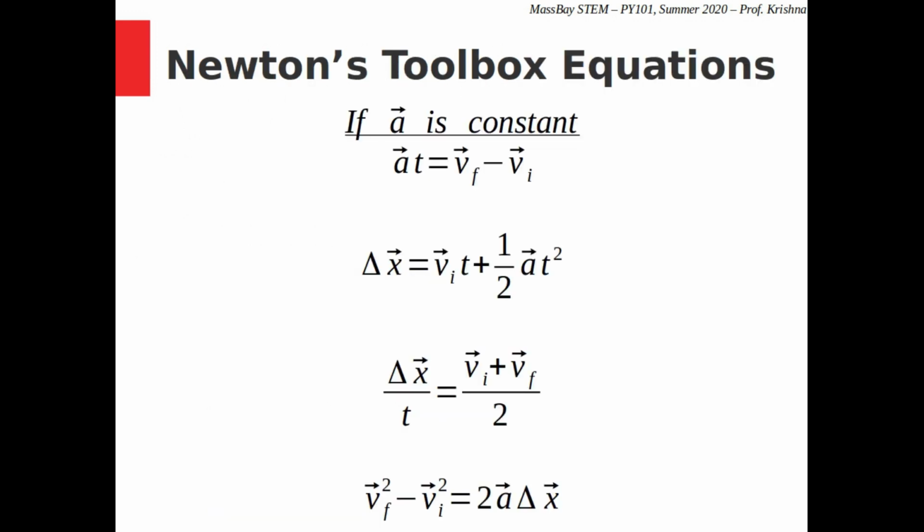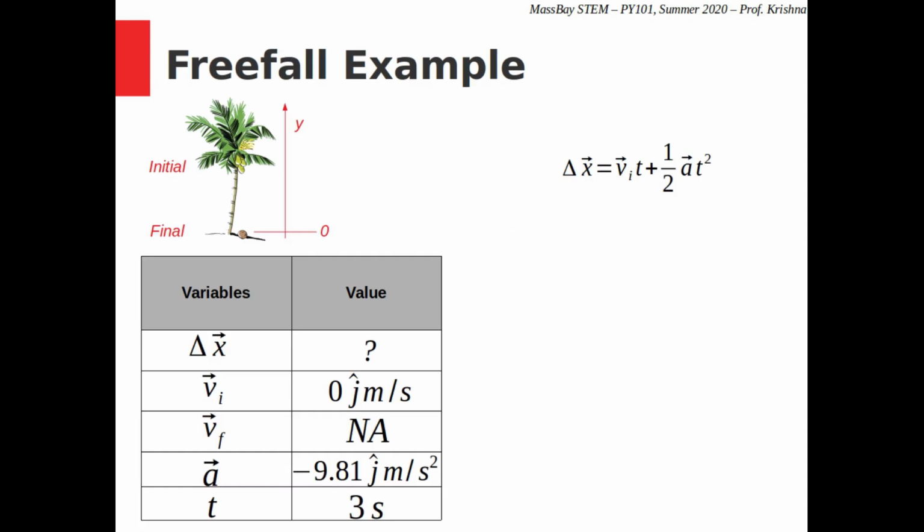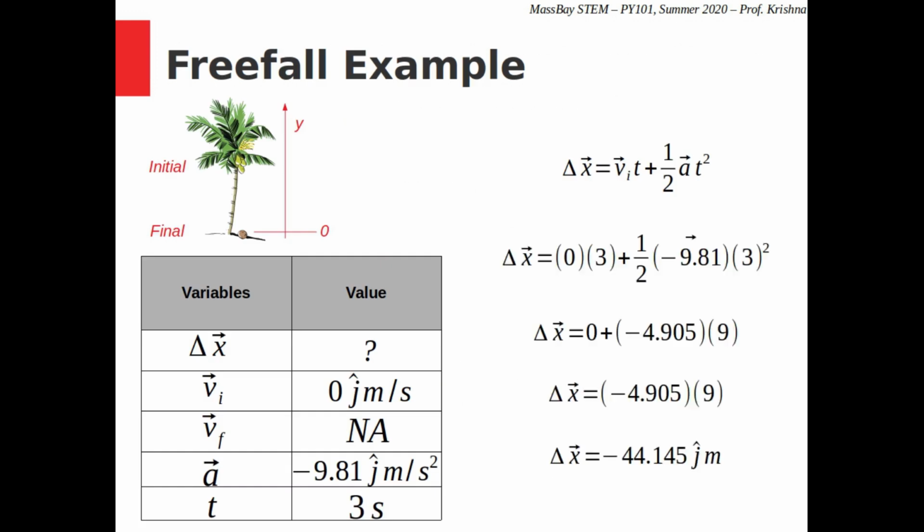Step 6. Which equation weaves together the unknown delta x with time, acceleration, and initial velocity? Equation 2. That's what we must use. Step 7. We now plug in all the information we have and solve. V initial equals 0, acceleration equals negative 9.81, and time equals 3. 0 times 3 is 0, so that term cancels.